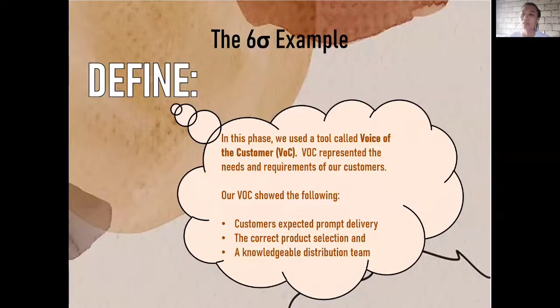So ito pa another example of Six Sigma: define. In this space, we use a tool called Voice of the Customer, or VOC. VOC represented the needs required of our customers. Our VOC showed the following. Customers expected prompt delivery, the correct product selection, and a knowledgeable distribution team.